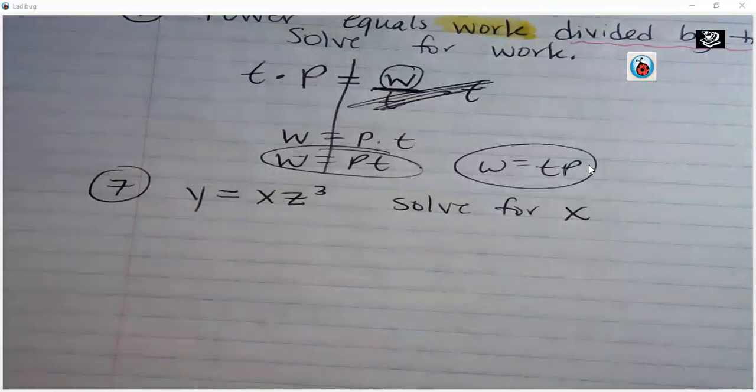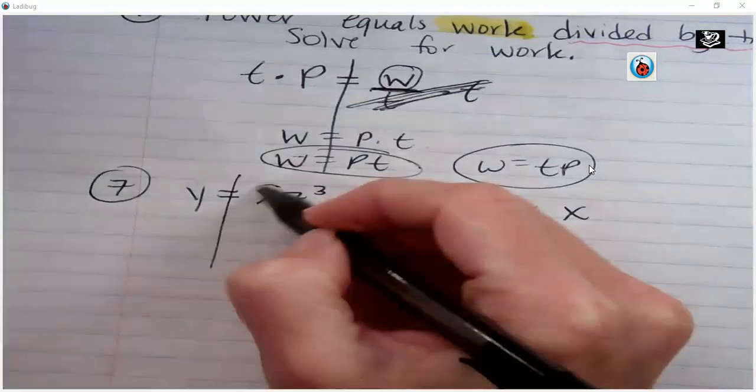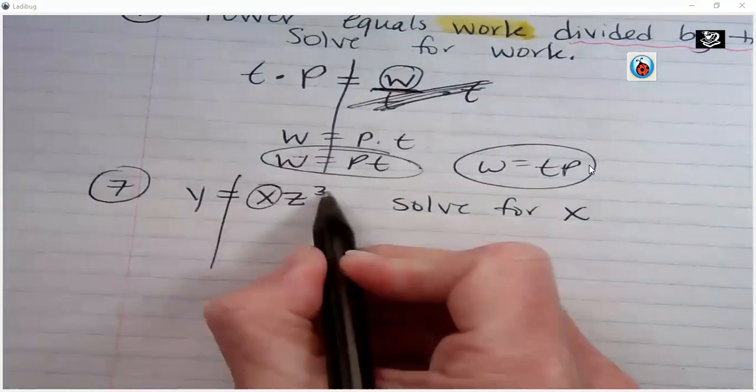All right, Alejandro, what do I do first? You have to circle the X. Good, so I draw my line, circle X. Heidi, what needs to move? The Z. Good, and Z to the third, that's all together.